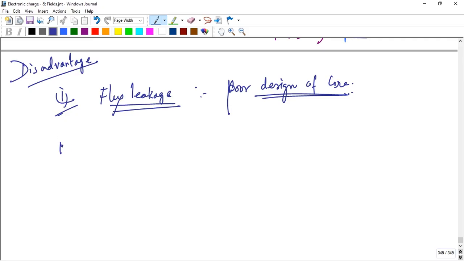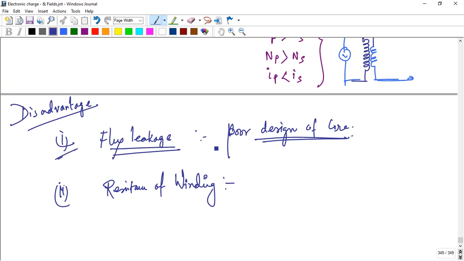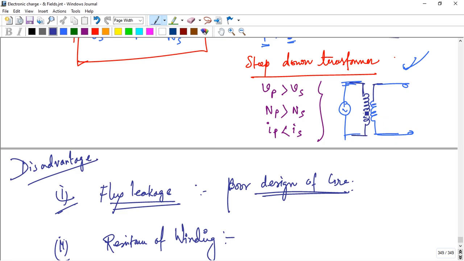Number two, resistance of winding. This wire has some resistance. It is a metallic wire, so the wire has a resistance. If the wire has a resistance, there is some energy loss.